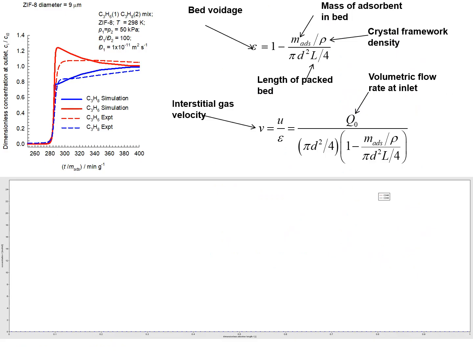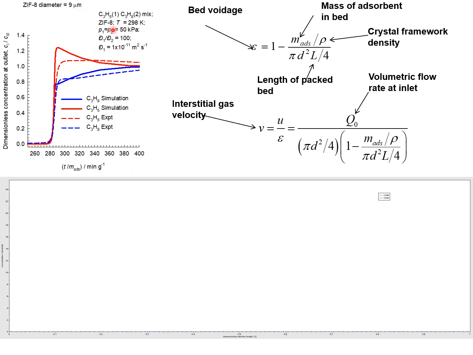Let's look at the transient breakthroughs for a fixed bed packed with ZIF-8 with a particle size of 9 micrometers.